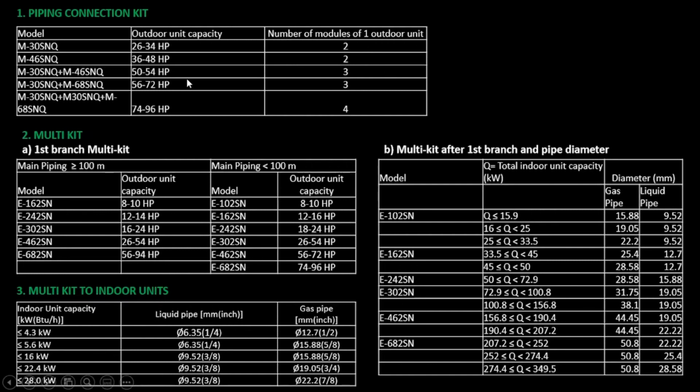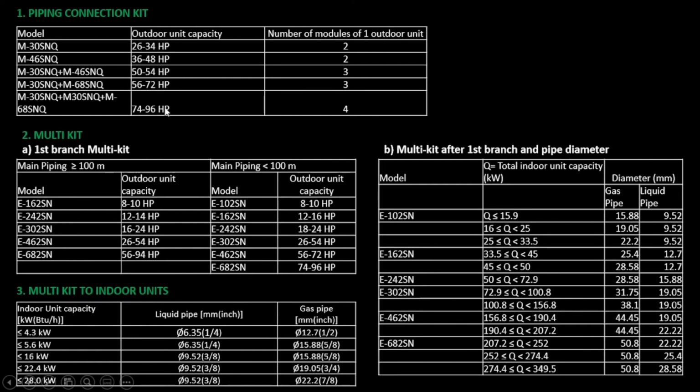If it is between 56 and 72 HP, you still combine 3 modules and use 2 piping connection kits, but they are M30 SNQ and M68 SNQ.